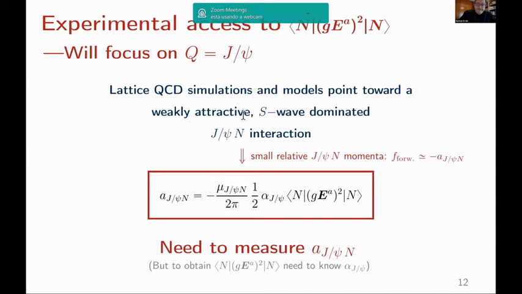And if it is weakly S-wave dominated, I will be very happy if I know this number, the scattering length of the quarkonium nucleon scattering. So we need first to learn a little bit about this scattering amplitude.